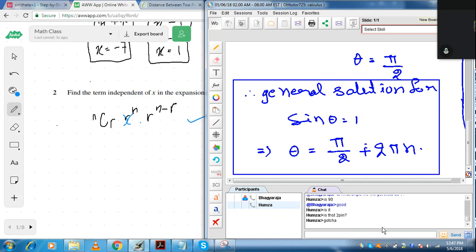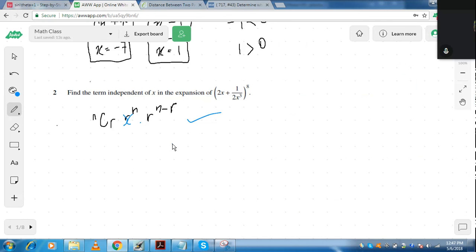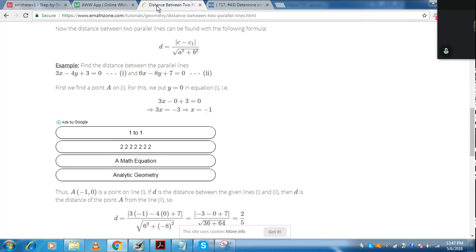I'm remembering what n was. Have you remembered actually? r is 0, n is 8.